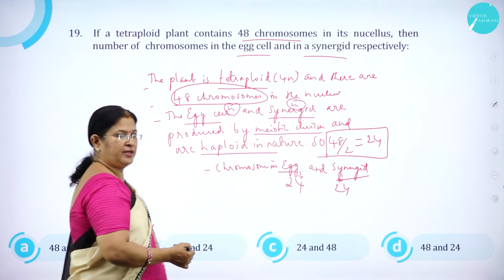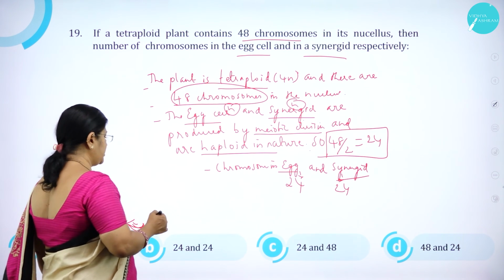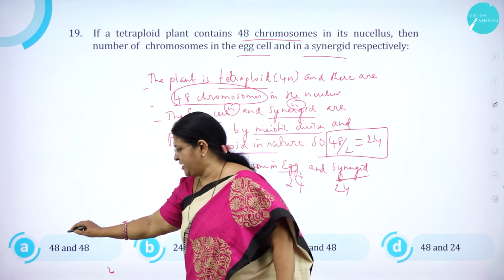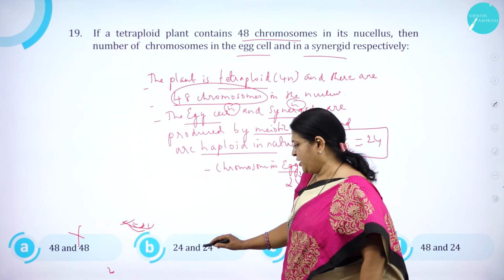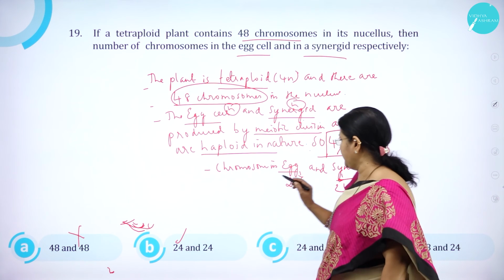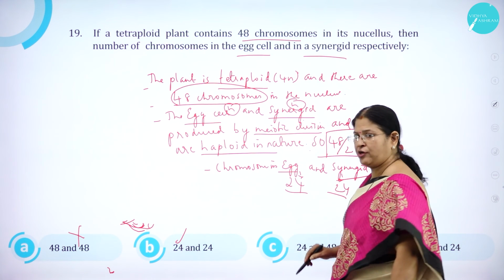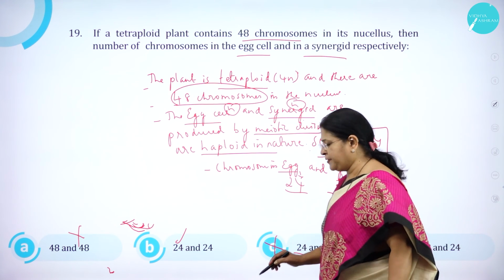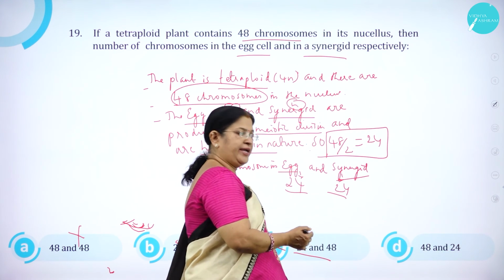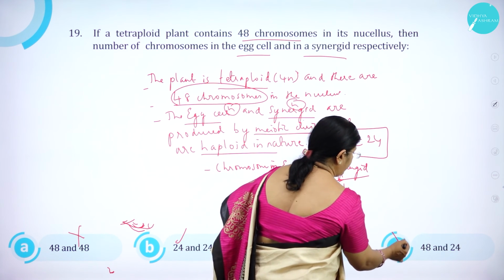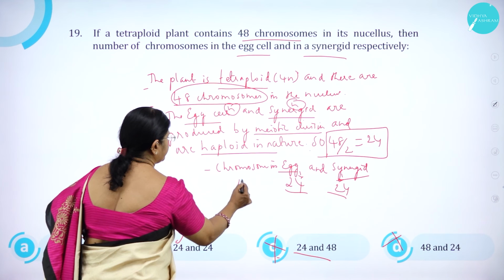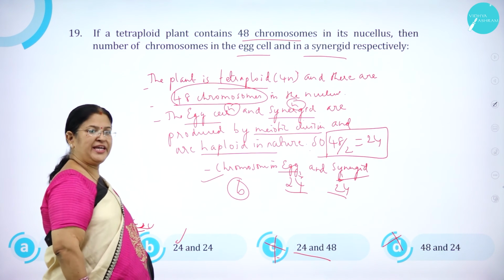The options given: option A, 48 and 48, is wrong. Option B, 24 and 24, is correct. C, 24 and 48, wrong. Then option D, 48 and 24, is wrong. So option B is correct.